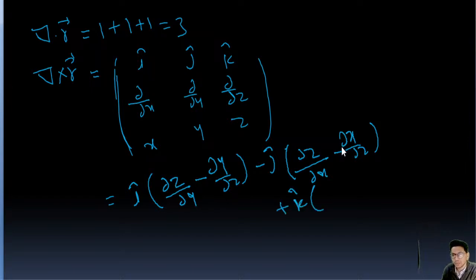It is going to be del y over del x minus del x upon del y. Okay, so if you open it, this is going to be 0. Okay, so curl of R is 0, divergence of R is 3 and curl of R is 0.